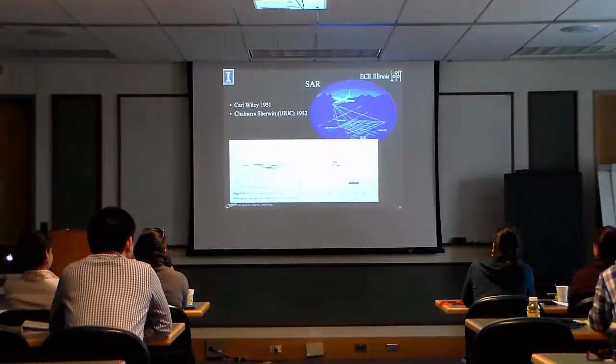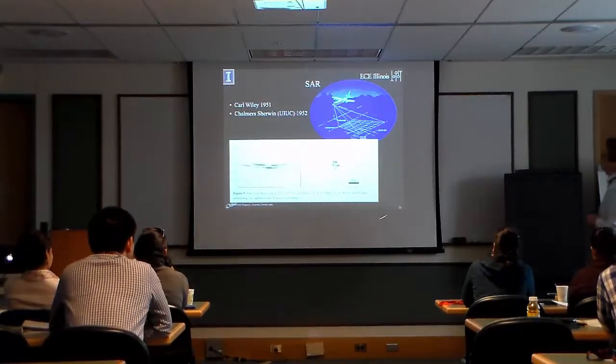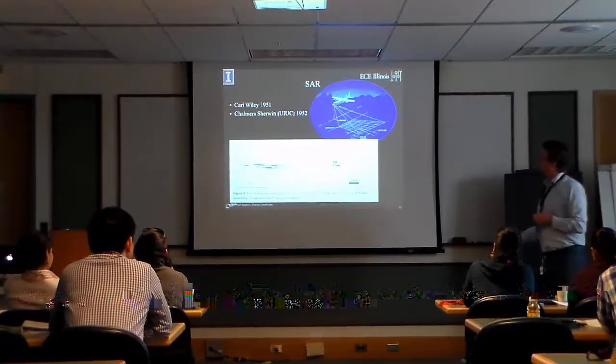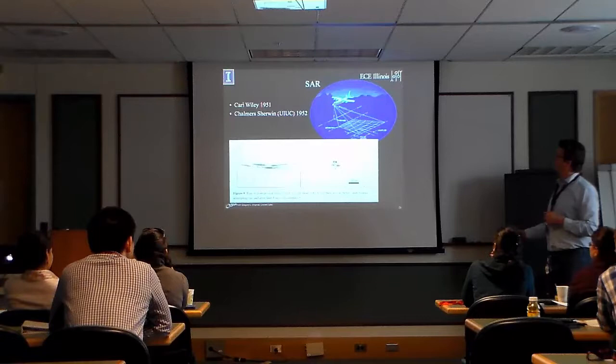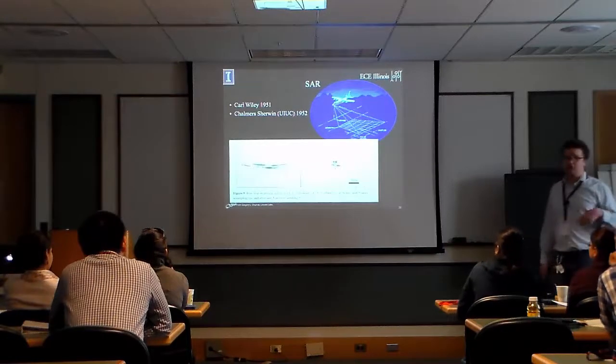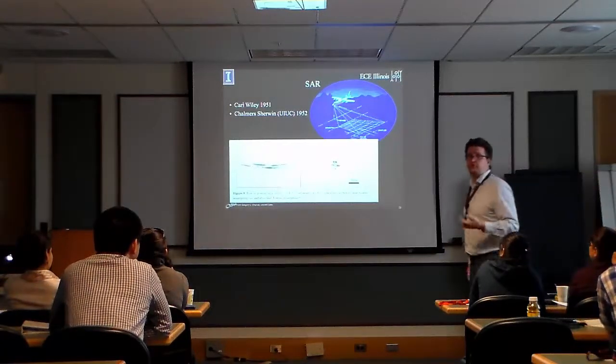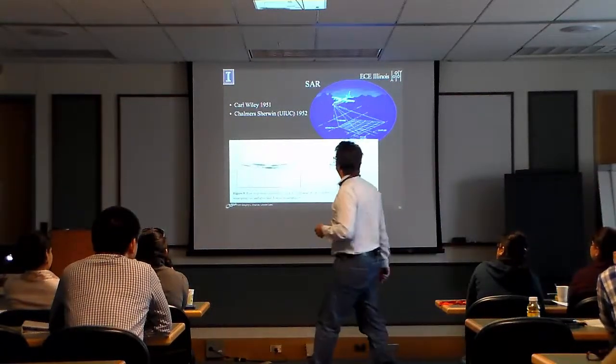All right, so the U of I connection comes when you try to take data that look like this and turn them into objects that look like this. This is a plane. This is actually a scale model plane in the lab. These are the radar data. How do you go from here to here? Well, you solve what's called the synthetic aperture radar problem.